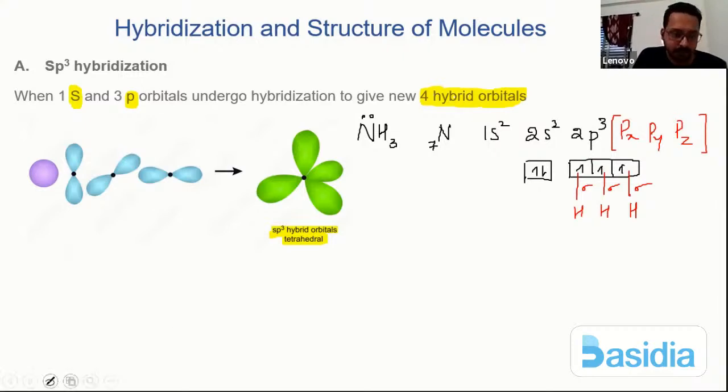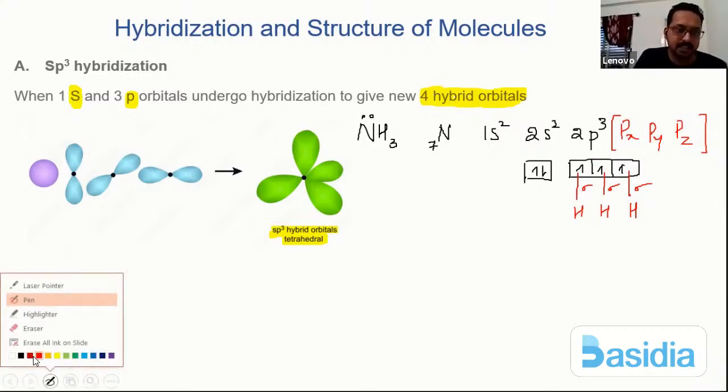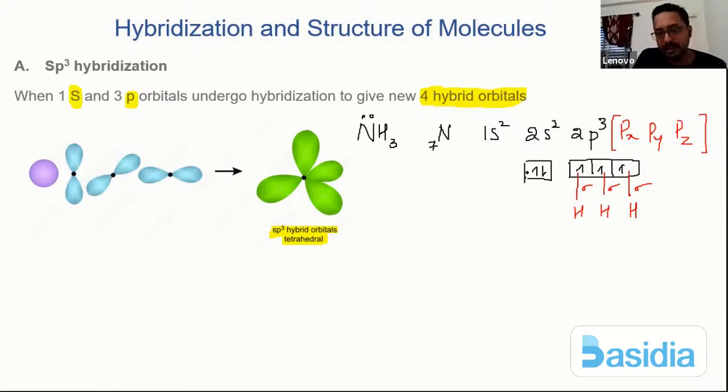Now what exactly are the s orbital electrons doing? These s orbital electrons are normally known as our lone pair of electrons. Now, what is this lone pair of electrons doing here?